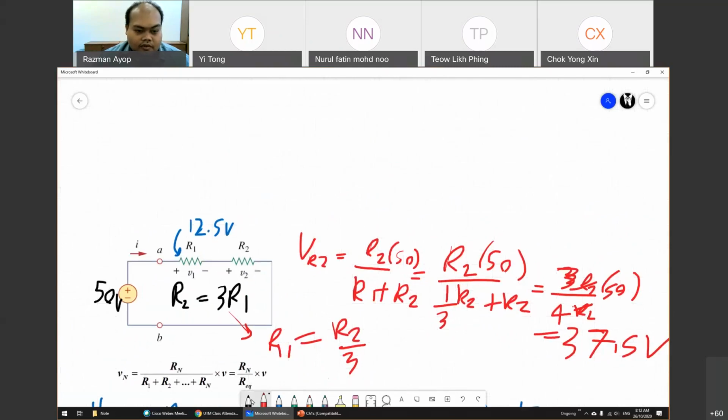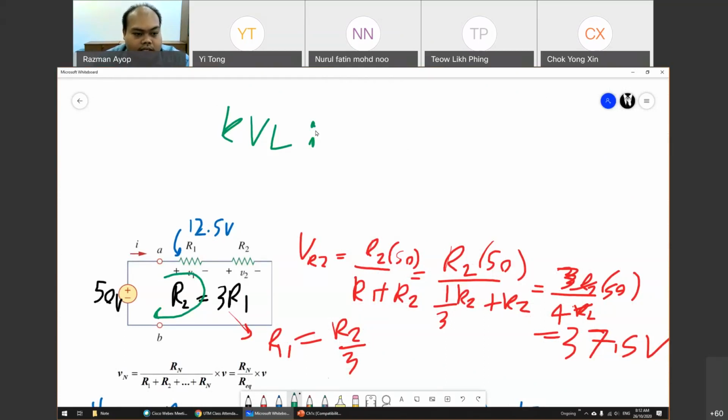You can use Kirchhoff's Voltage Law, applying it around the loop.